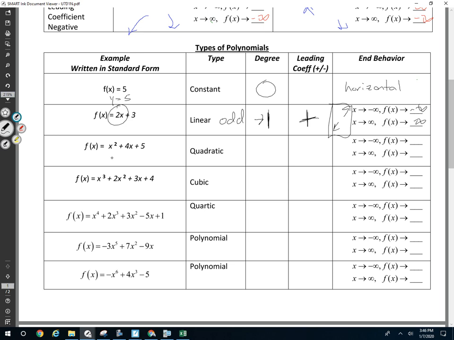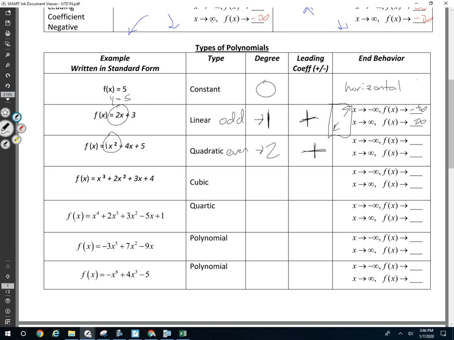Okay, now we have a quadratic, x squared. Degree is 2. Ms. Brown, is 2 an odd or an even number? Even. The leading coefficient doesn't exist. It's just 1. That's positive. Okay, everybody. Even degree polynomial, what will its ends look like?